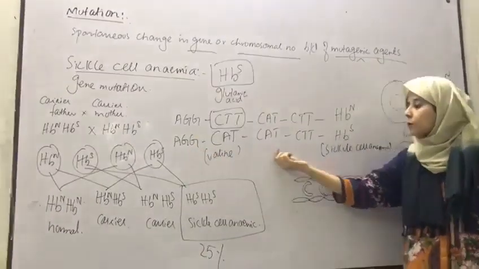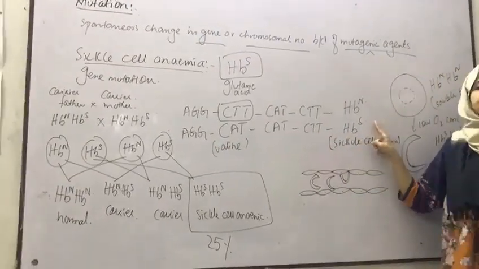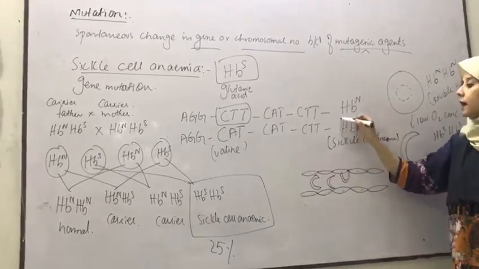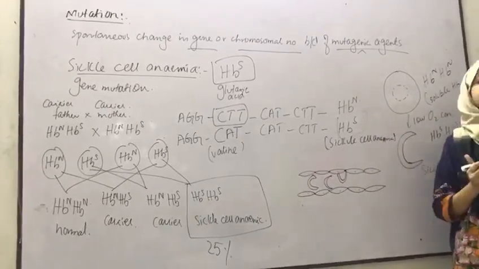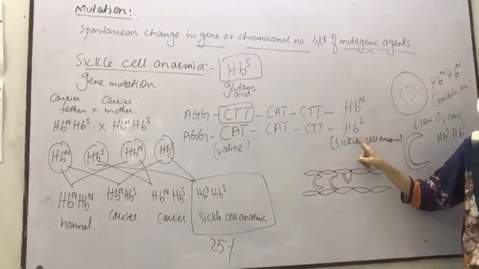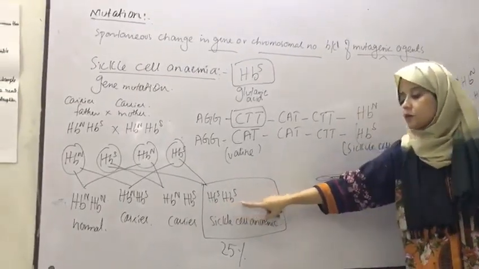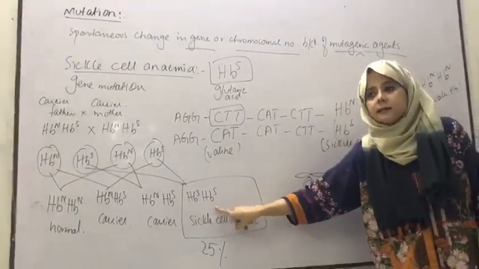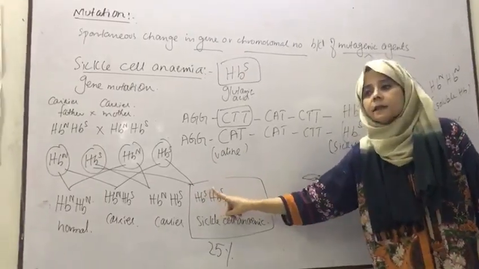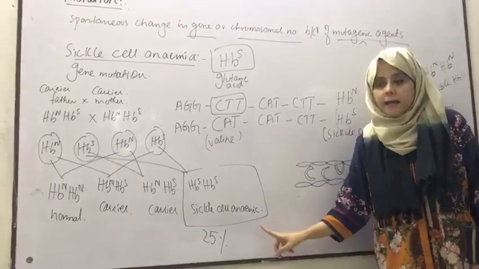So now the protein that is formed due to this coding would be HbS. HbS is a recessive allele which codes for sickle cell anemia. If this recessive allele is present in homozygous condition, then that person would be sickle cell anemic.